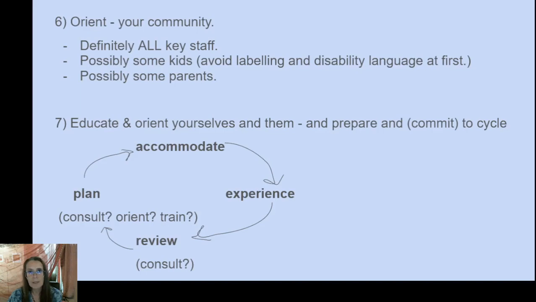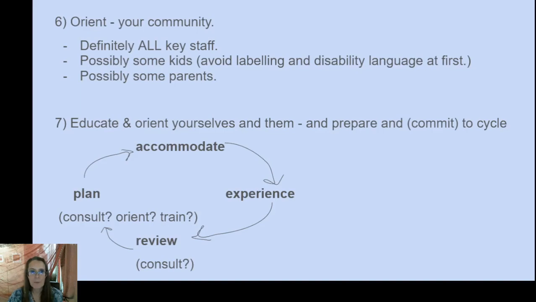If you do tell kids, unless they already know what PDA is and have previous experience, you may want to avoid using labeling and disability language at first, so that they can more engage with the kid on a kid-to-kid basis, without having that lens. But you could give them a heads up that this person might need more support.